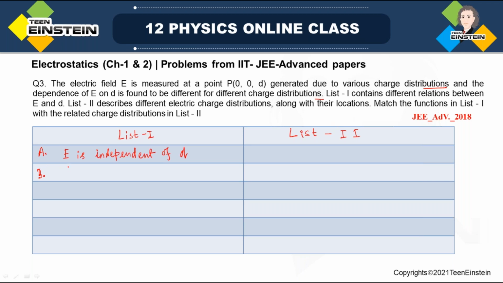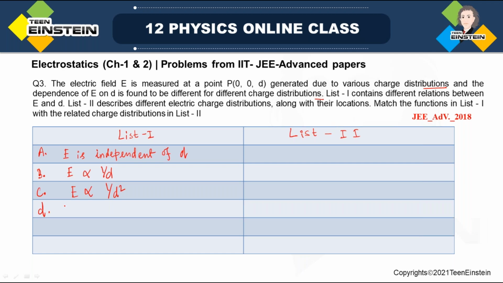B is saying 1 over D. C says E is inversely proportional to the square of the distance.